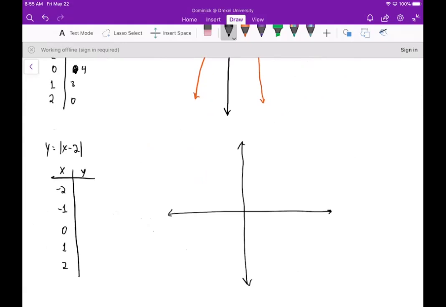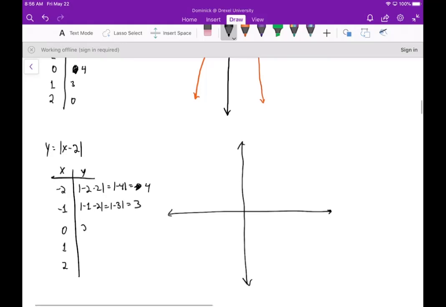Now when we plug in negative 2, we're going to get the absolute value of negative 2 minus 2, so we're going to get the absolute value of negative 4. So we get a 4. I keep doing that. This should be a 4. Negative 1 minus 2, we'll get the absolute value of negative 3, so we get positive 3.